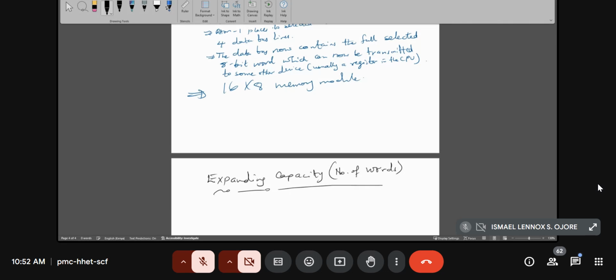So essentially, we're looking at how do we increase the number of words that we can store. So if we have a 16x4-bit chip, and we want to store probably 64 4-bit words, how do we achieve that? So once again, we'll just look at this with an example.